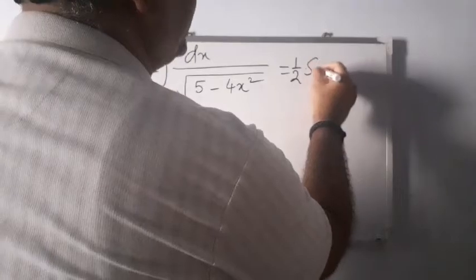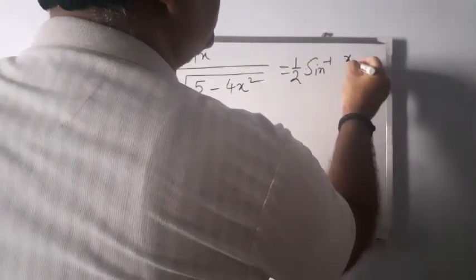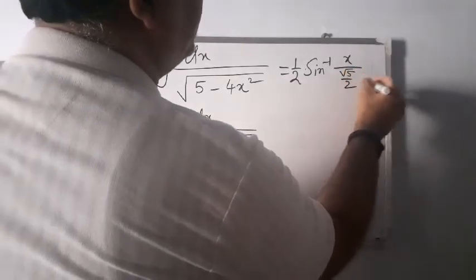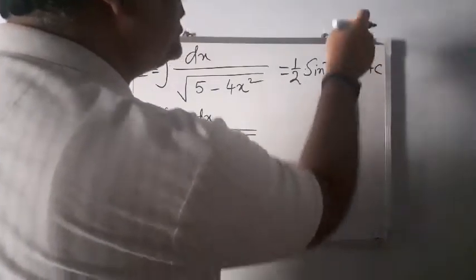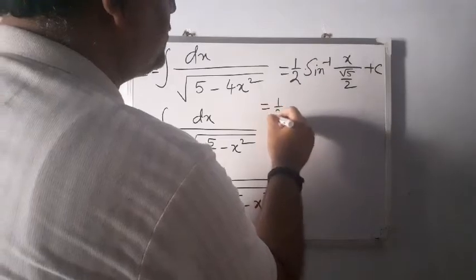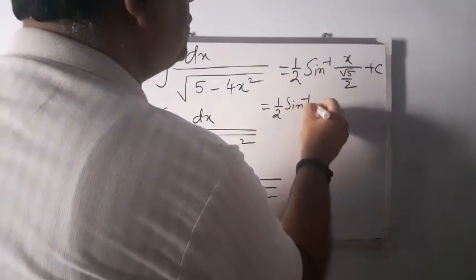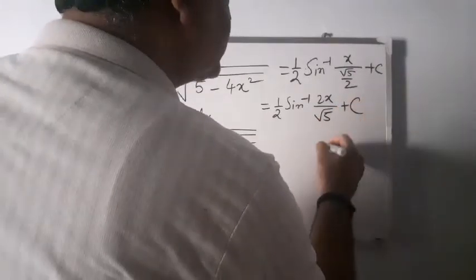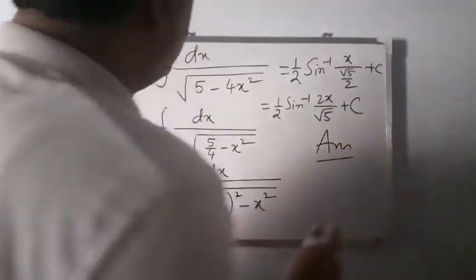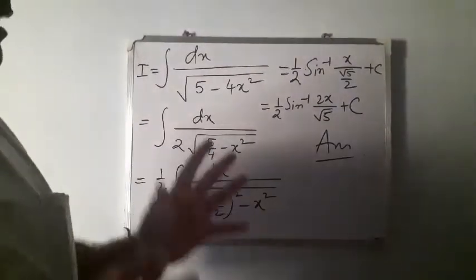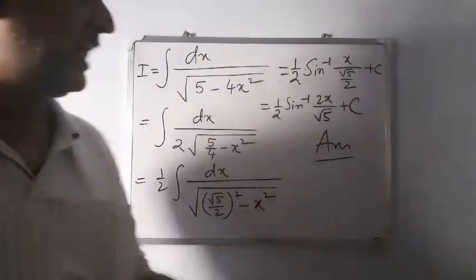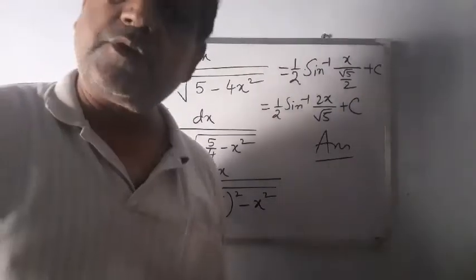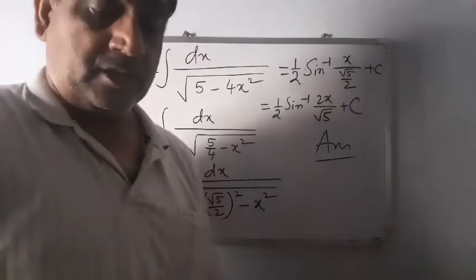So we have to write sine inverse x divided by root 5 by 2, and then plus c. Now if you simplify this result, you will get 1 by 2 sine inverse 2x by root 5 and then plus c. It's so simple, very easy. You have to just reduce your given integral to those 6 formulae and then apply them.